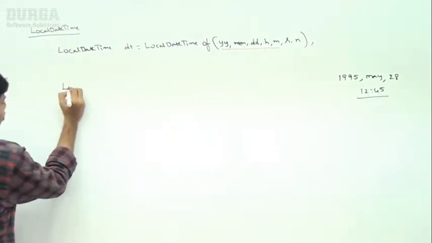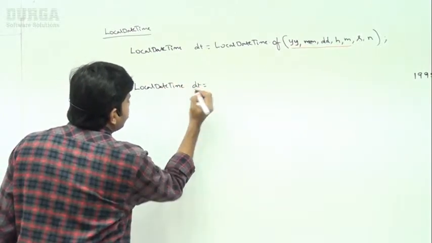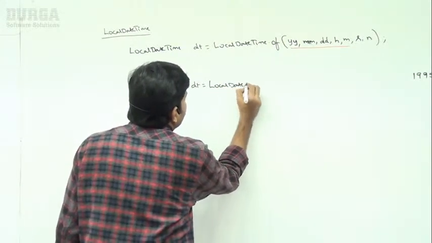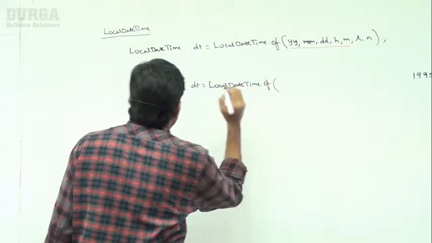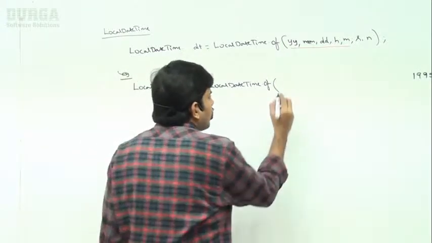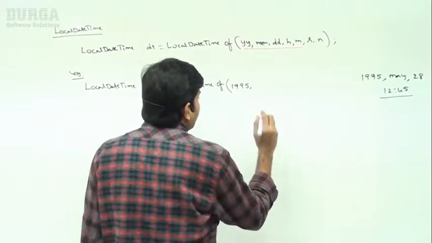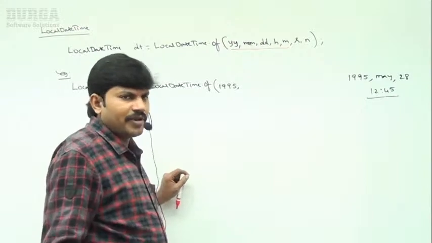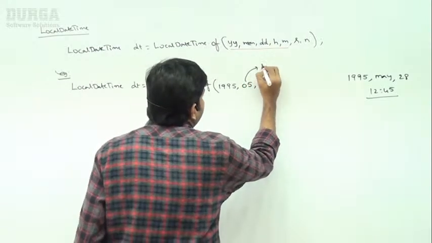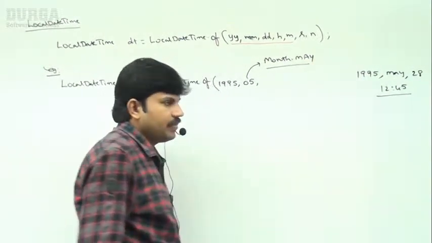Okay. Observe. LocalDateTime dt is equal to LocalDateTime.of. What is your year? 1995. What is the month? Directly you can take 05, or even if you want, you can take Month.MAY, like this.